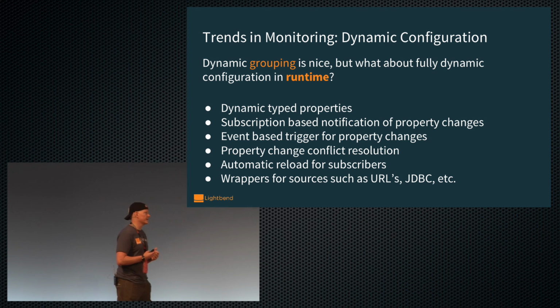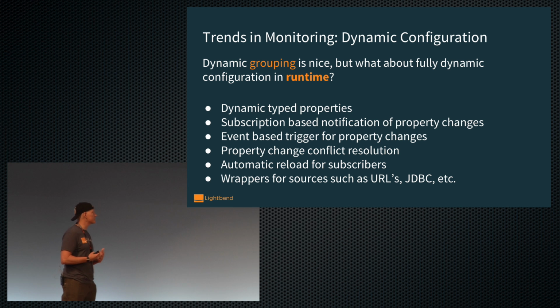The type-safe config is immutable, and there's a lot of reasons for that. But wouldn't it be nice if, especially from a monitoring perspective, while you're observing your system and you begin to think that there might be a problem in this location, you want to turn up the monitoring a little bit during the runtime environment.